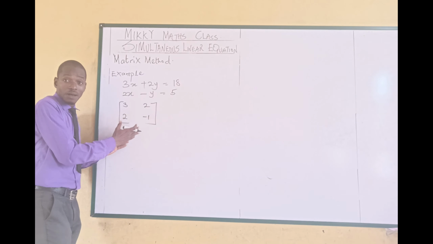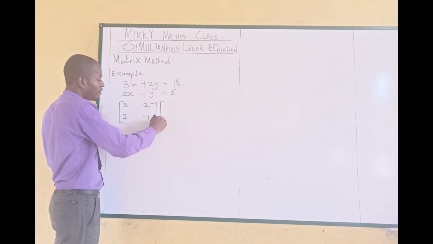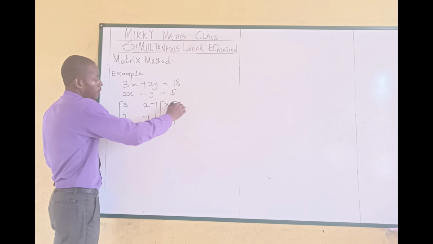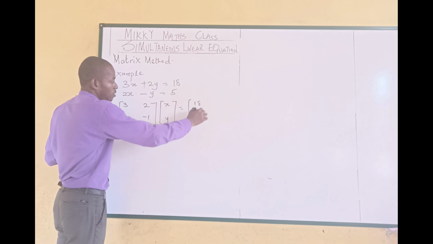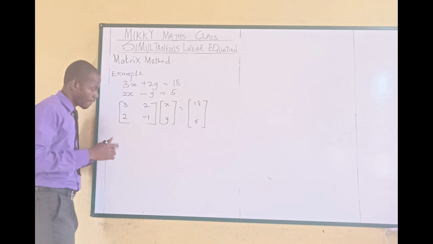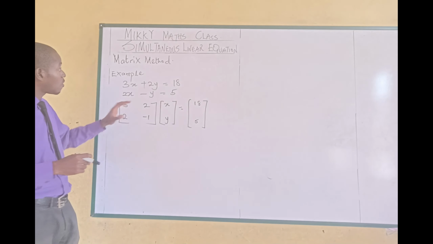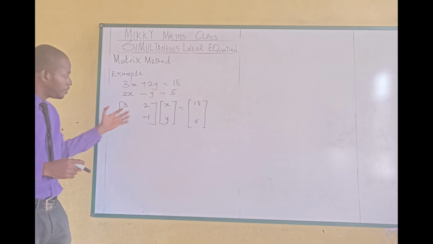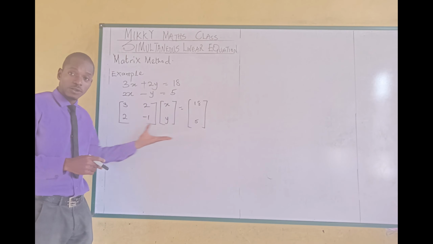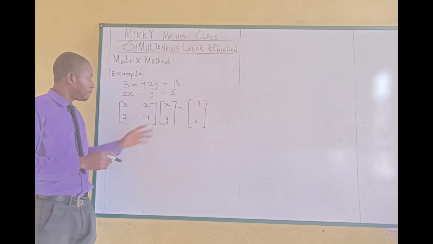This is a 2 by 2 matrix. Then we have a matrix of x and y, equals the matrix of the constant terms. That's the first thing.